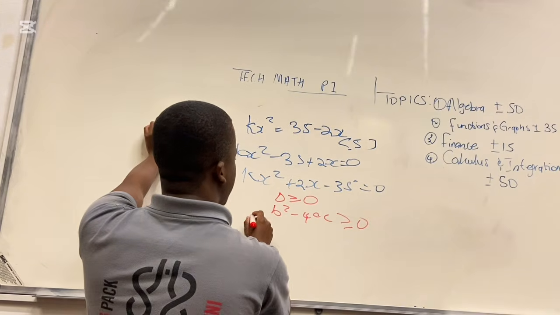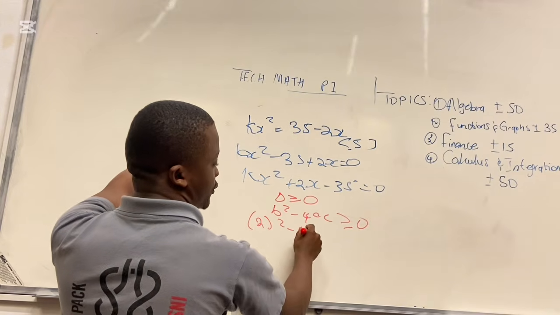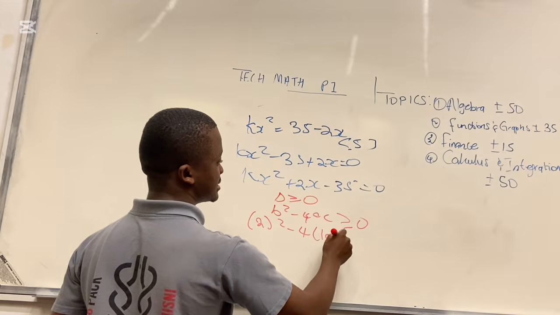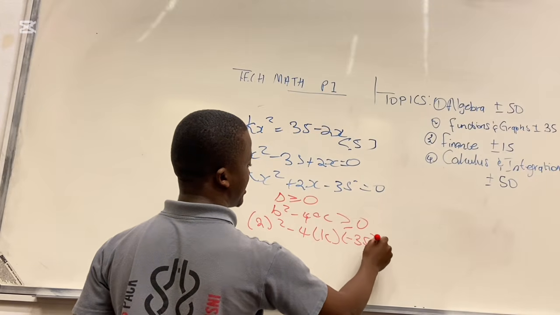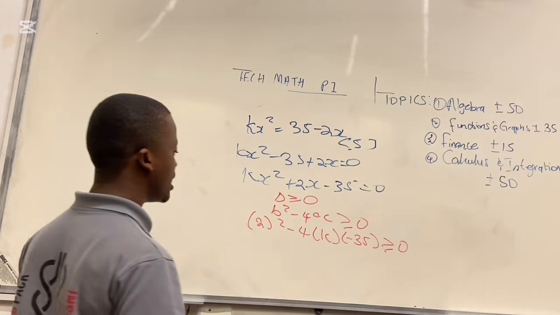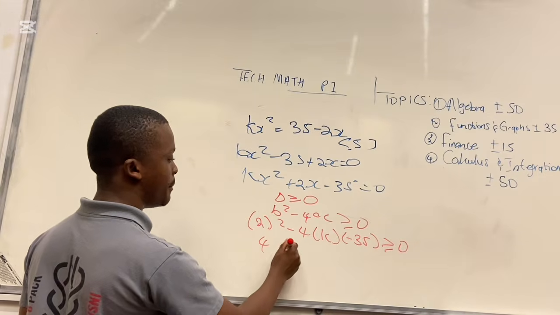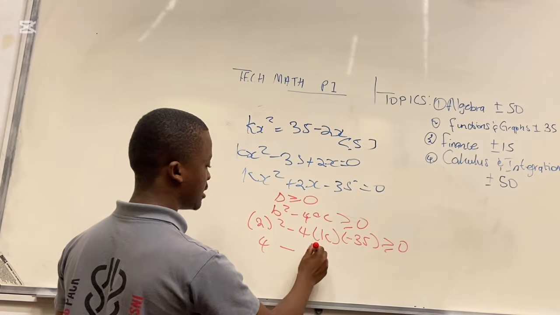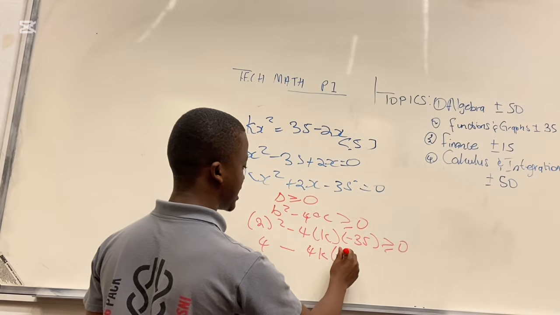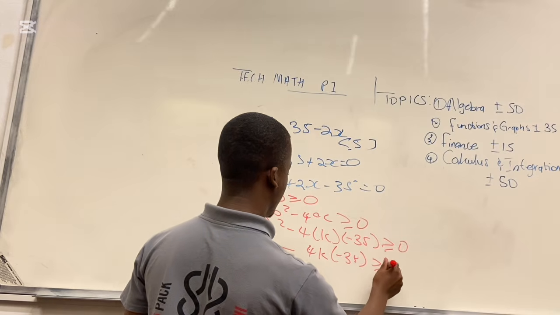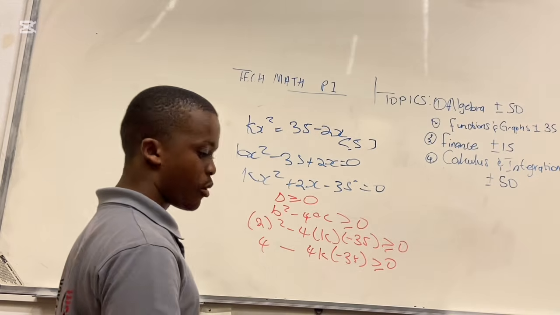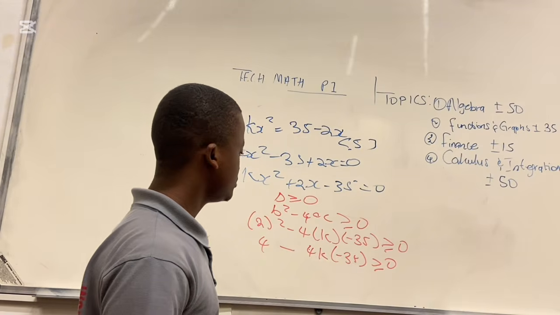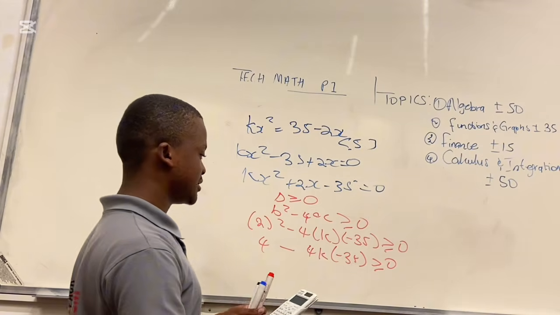What is b? b is 2, so 2 squared minus 4, a is k, and c is negative 35. This should be greater than or equal to 0. Now what do we get here? We have 4 minus 4k times negative 35.